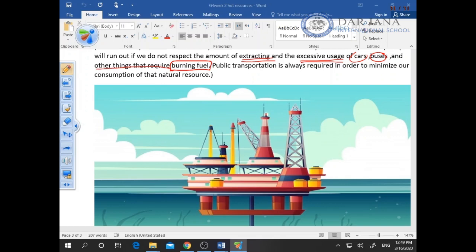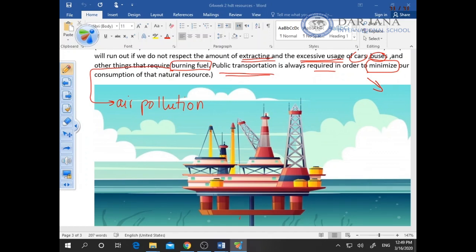So we are also leading to air pollution, and on the other hand, we are running out of stock of oil underground. That's why in some countries they advance with the public transportation system, in order to minimize our consumption of that natural resource, which is the oil.